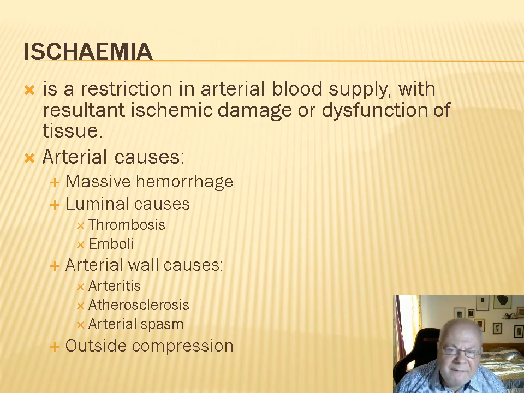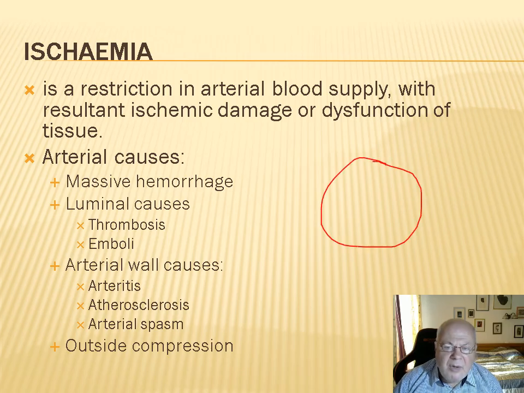Obviously, to have less blood in a certain territory of capillary, it's possible to be the result of a very massive hemorrhage, or by causes affecting the artery itself. If this is the artery, we can have inside the lumina occlusion resulting from coagulation of blood.